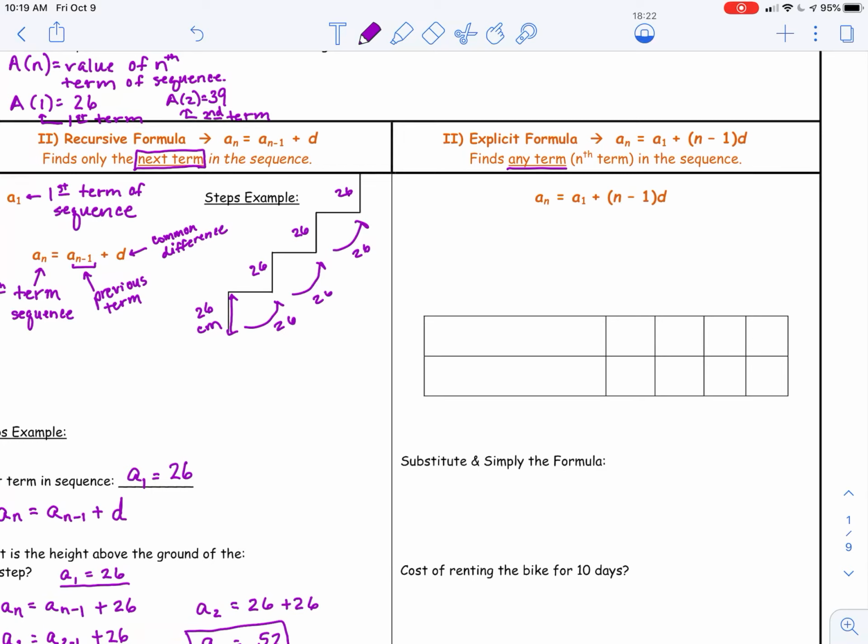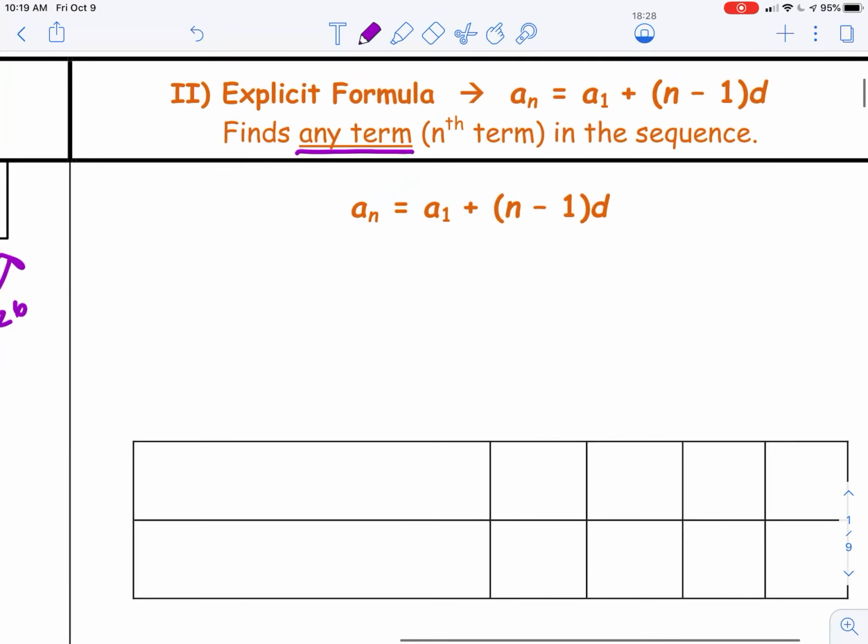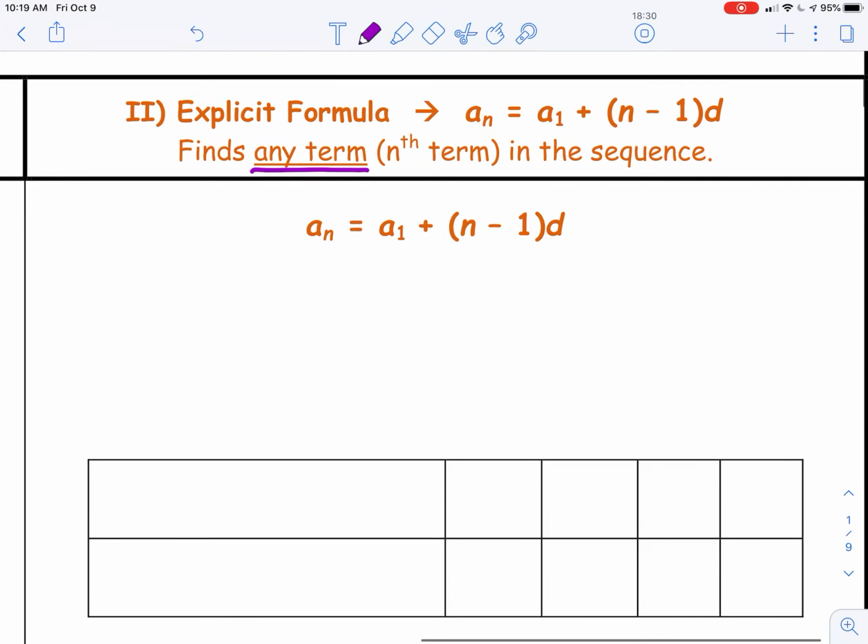So we're going to look at this now and see how we can find any term in our sequence. All right, so the first thing I'd like for you to do is we're going to identify some parts of this, just like we did on the other side here. So let me blow this up just a little bit. Okay, so the n here represents the term number.